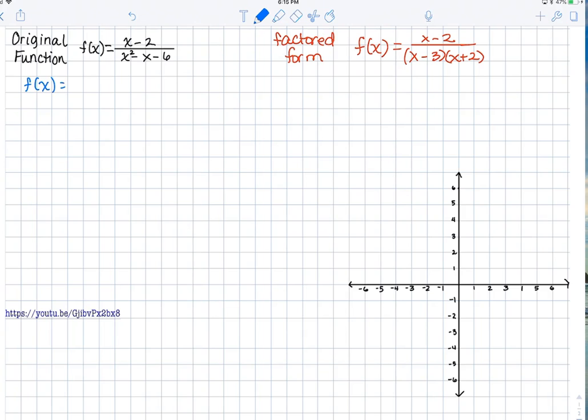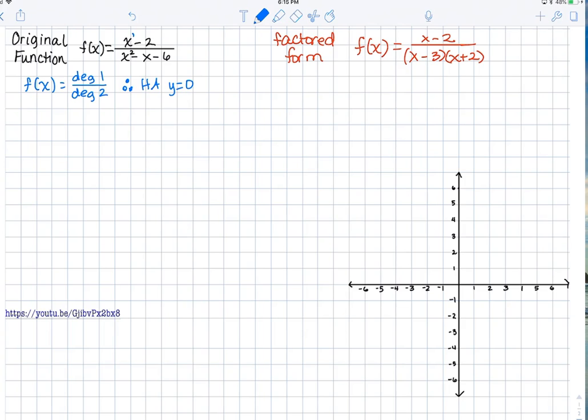So we look at the degree of the numerator versus the degree of the denominator. The degree of the numerator is 1, and the degree of the denominator is 2. And from what we learned last week in our notes, if the degree of our numerator is less than the degree of our denominator, then our horizontal asymptote will always be y equals 0.